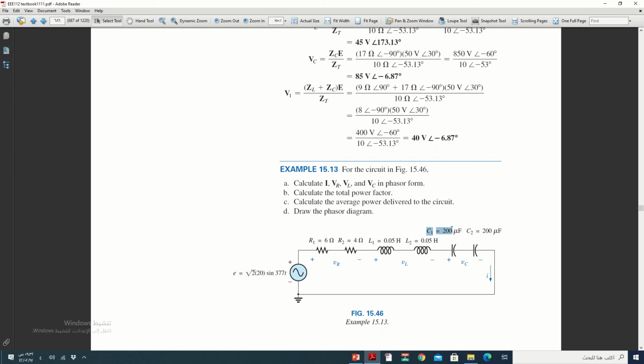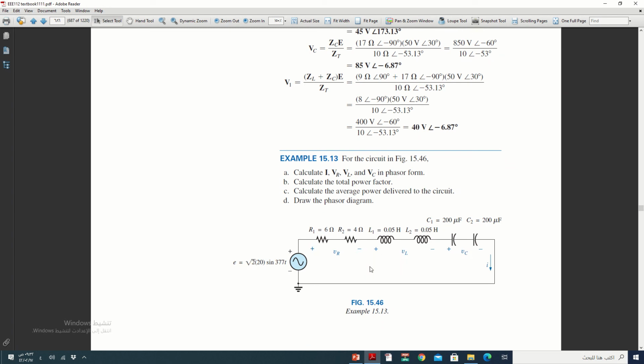We need to find the total capacitance with two capacitances here, the total inductance here, and then we'll convert it to Ohm, XL and XC. We know that from circuit 1, inductors in a series circuit we will add them. 0.05 plus 0.05, you will get 0.1 Henry.